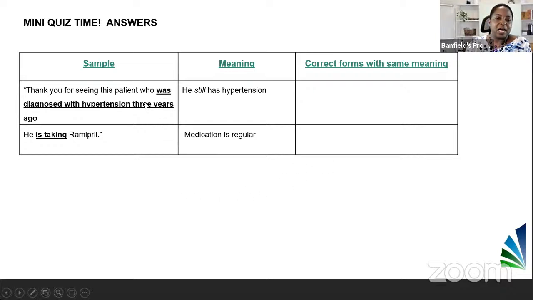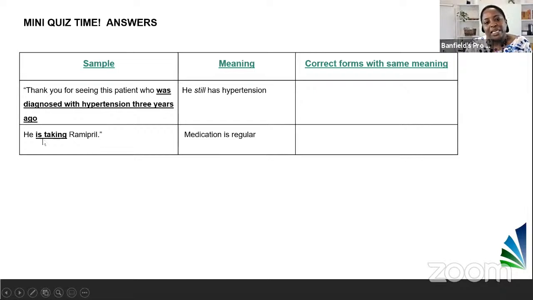And here's an example. So thank you for seeing this patient who was diagnosed with hypertension 3 years ago. The meaning here is that he still has hypertension. And think about what other correct forms would have the same meaning.